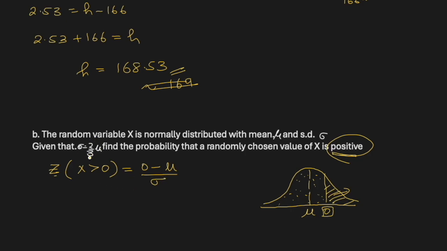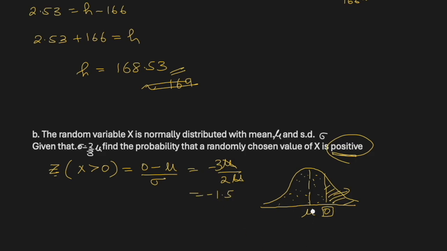And sigma, they have said it is 2 over 3 mu, which is minus mu over 2 over 3. I will write 3 here, and mu, right? 2 over 3, whenever there's a denominator, we can write it as numerator. So mu and mu cancel. It comes out to be negative 1.5.